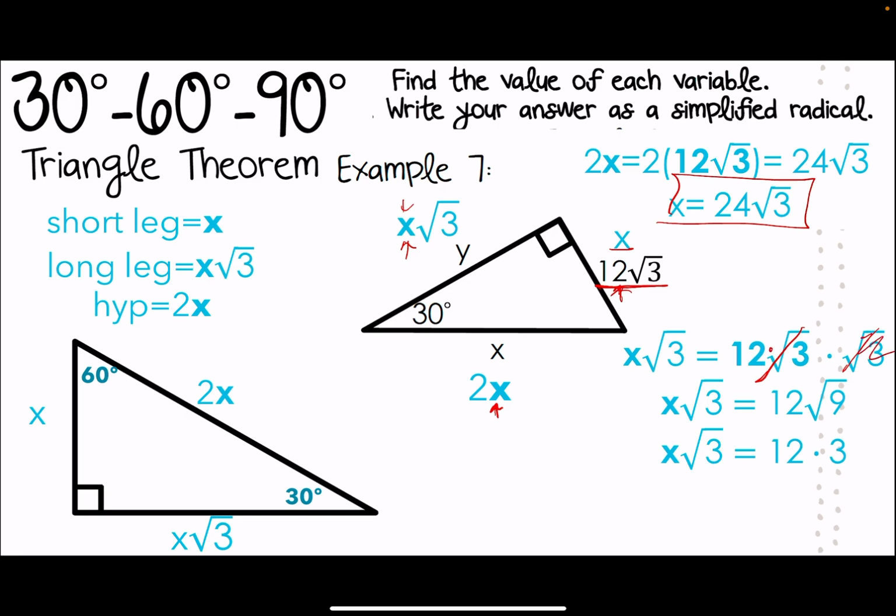If that messed with you, don't worry about it. Just keep doing what we've been doing. 12 times 3 is 36. So this entire length right here, your long leg, is 36. That means we can say that y is equal to 36 based upon the variables that they've wanted from us.